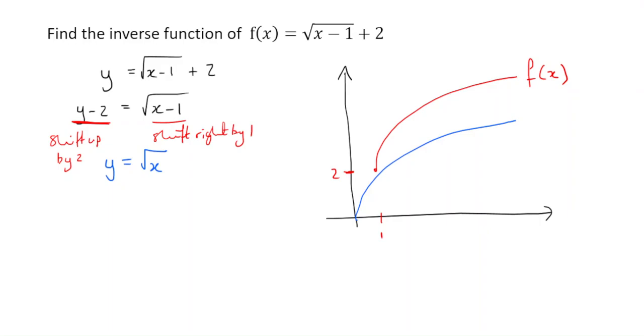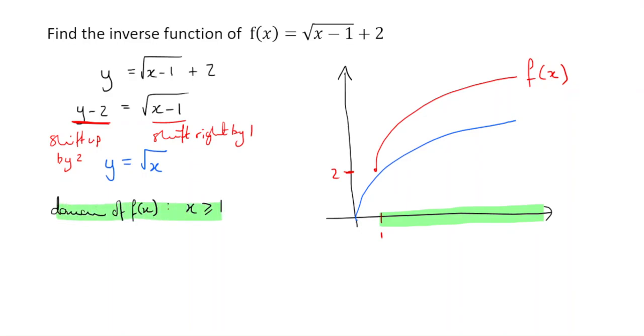Okay, now the domain, you should remember, is the set of all input values. So what input values can we have? There must be values of x which are greater than 1. So we can say that the domain of f of x is x greater than or equal to 1. What about the range?